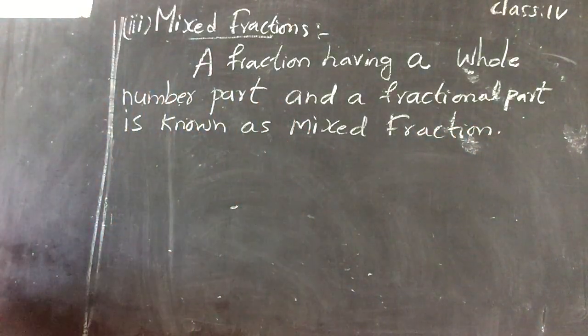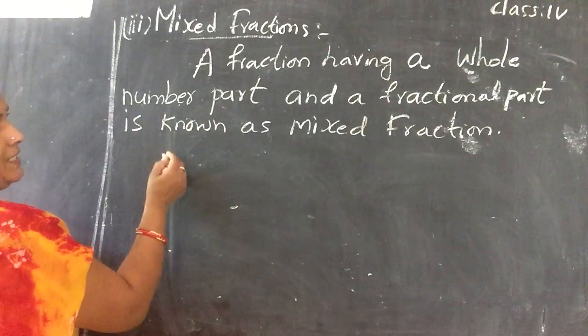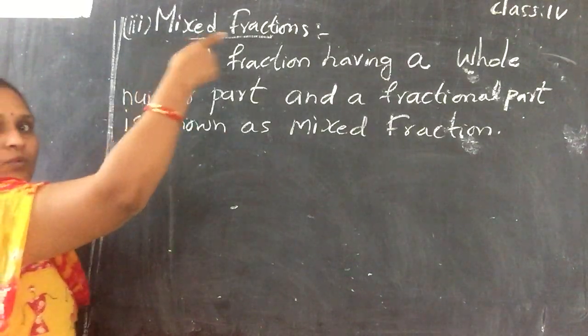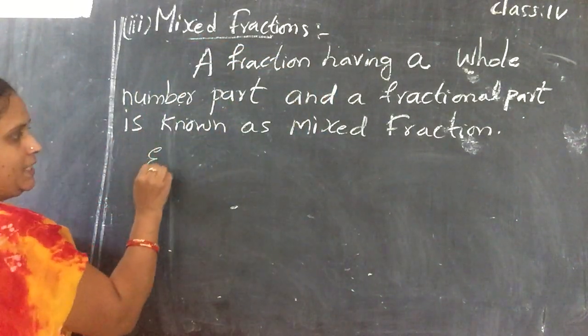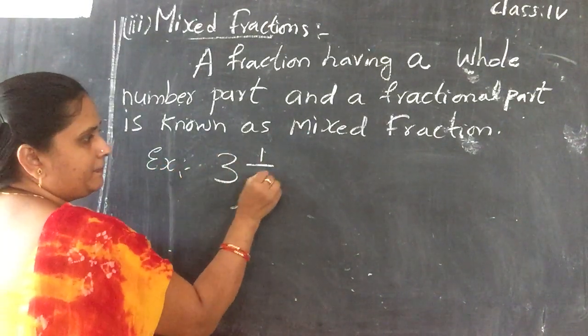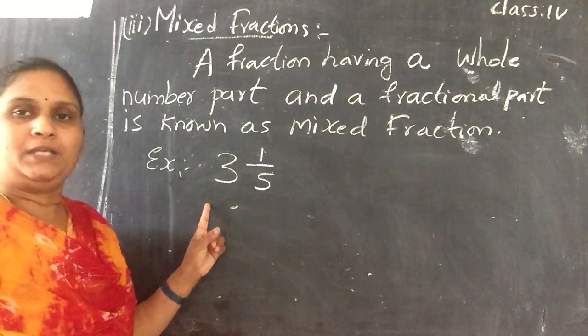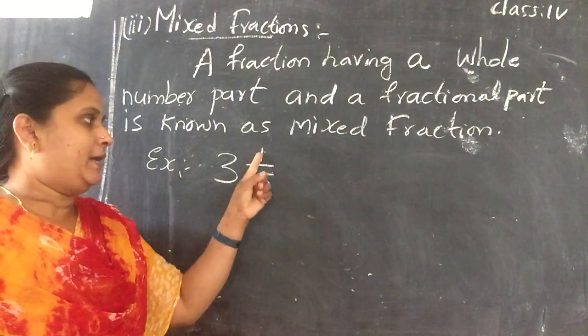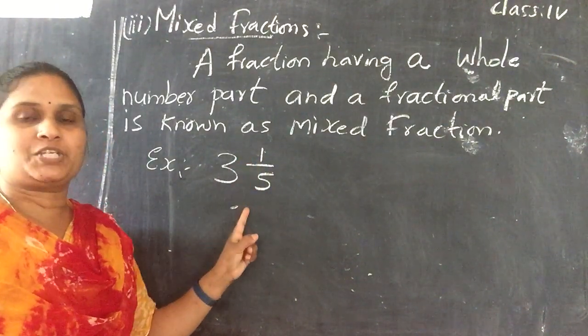Okay, here two parts are there. One is the whole number part, second one the fractional part. Example, 3 1 by 5. 3 is known as the whole part and 1 by 5 will be known as the fraction part.